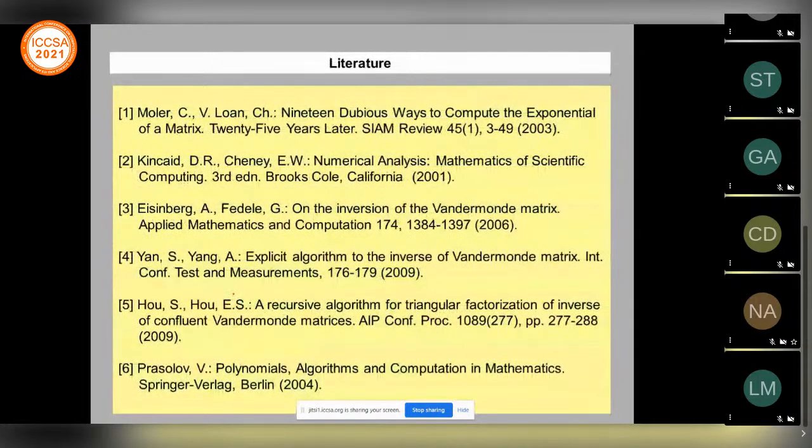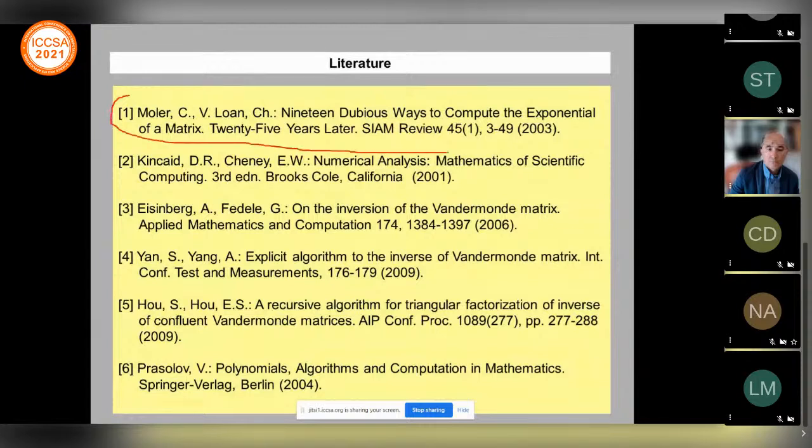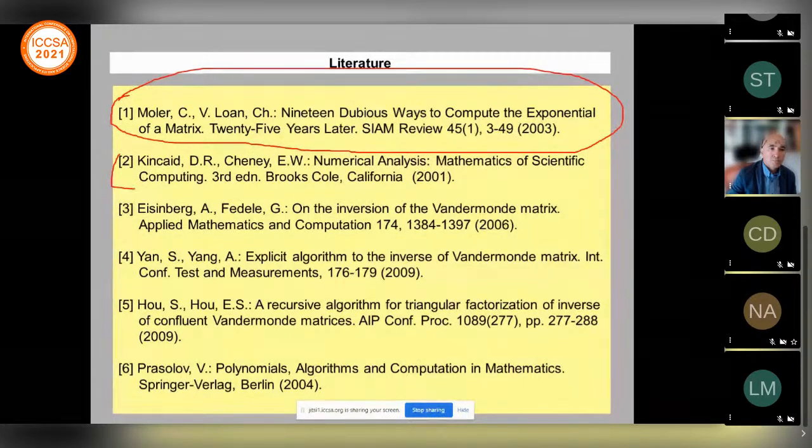Next, the literature on this is Moler and Van Loan's paper, Nineteen Dubious Ways to Compute the Exponential of a Matrix. Numerical analysis is a classical book on numerical methods.